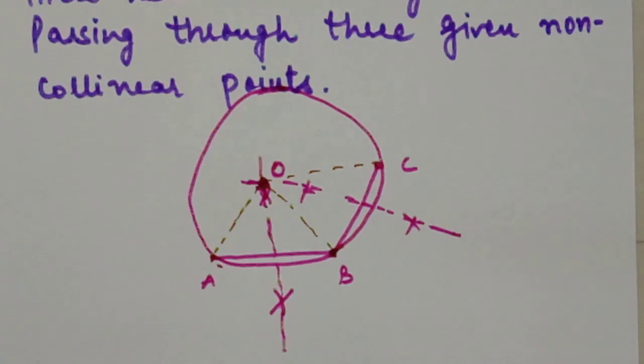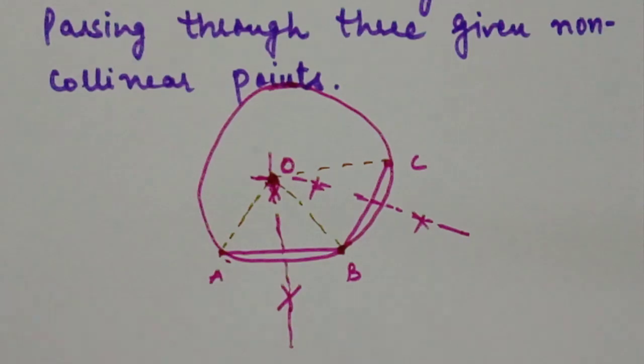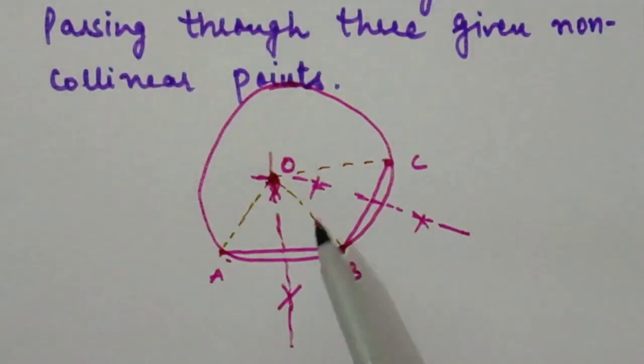This construction proves that from the three non-collinear points we can draw a circle, and there is one and only one circle passing through these three points, because there is no possibility to draw another circle from them. So let me revise this question again.